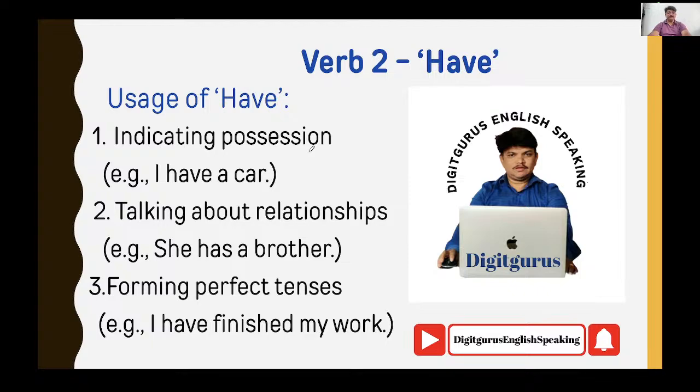Talking about relationships, you can say she has a brother. When we use this have to form perfect tenses, we can say, I have finished my work.